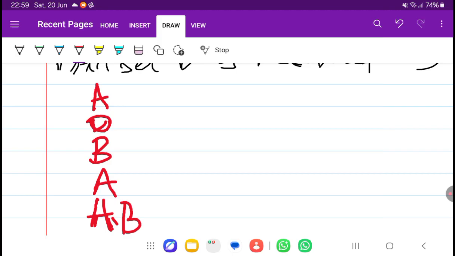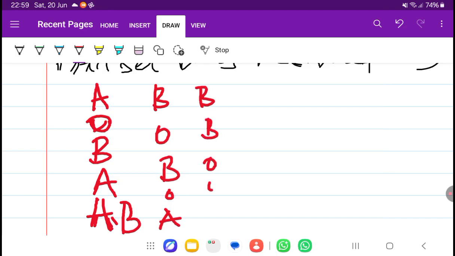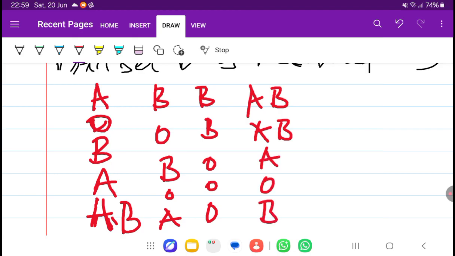So they are just in columns. Then this one is B, O, B, O, then A. Then the other one is B, B, O, O, O. Then the other one is AB, AB, then A, O, B. Then the last one is O, B, O, A, B, then lastly A.